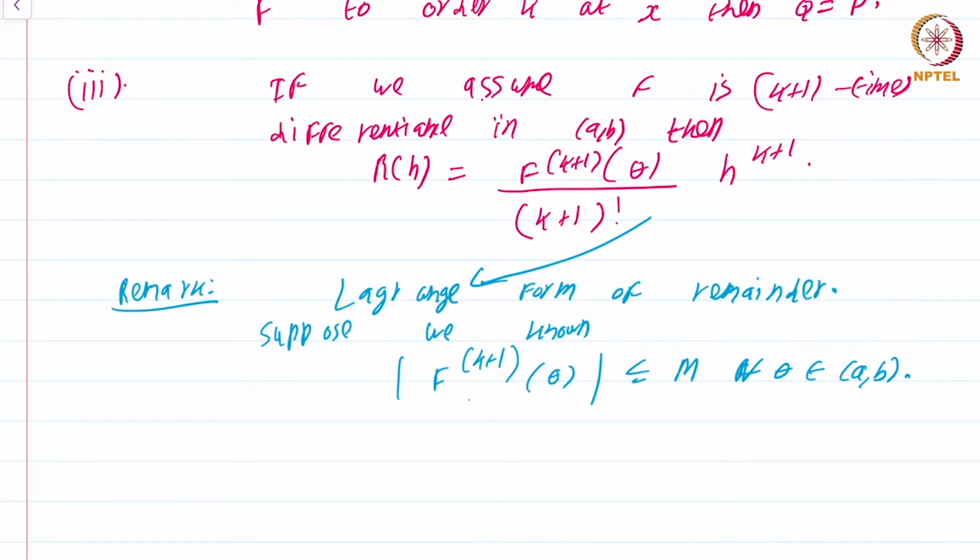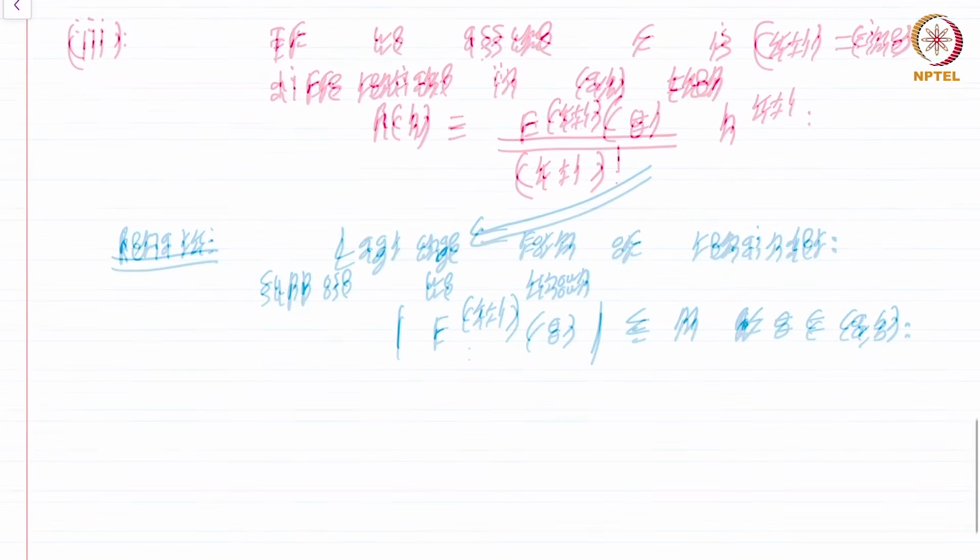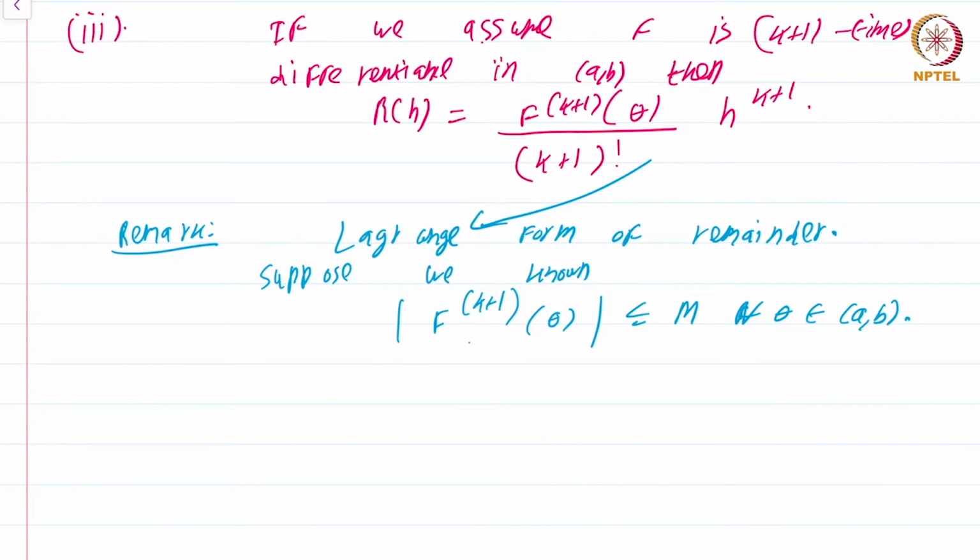So for the sine function, no matter what derivative you take, it's always going to be modulus less than or equal to 1. In many functions, we do know such data about any derivative. So modulus of R of h is going to be less than or equal to M by (k+1) factorial times mod h power k plus 1.